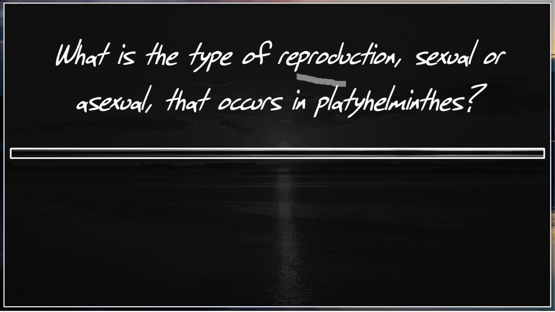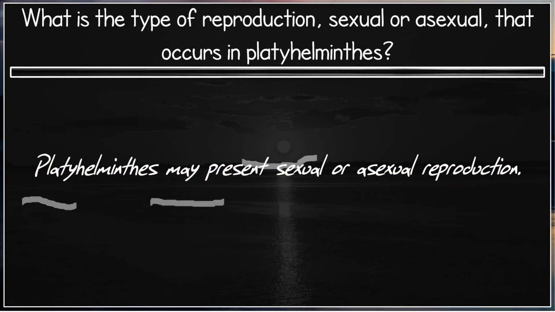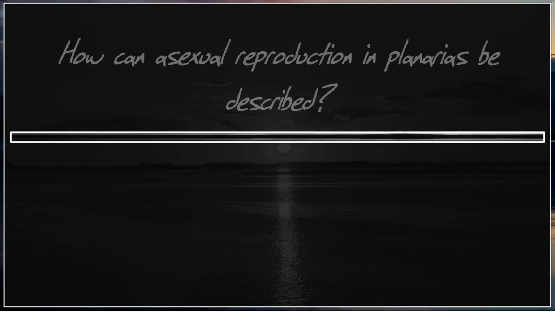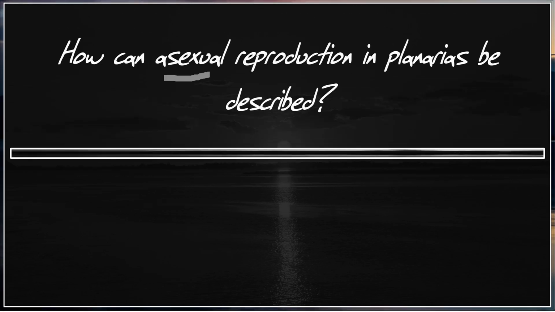What is the type of reproduction, sexual or asexual, that occurs in Platyhelminthes? Platyhelminthes present sexual or asexual reproduction. How can asexual reproduction in planaria be described?